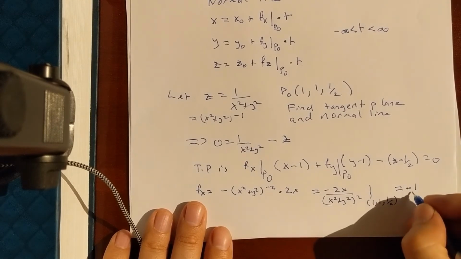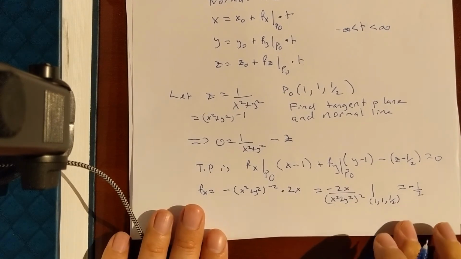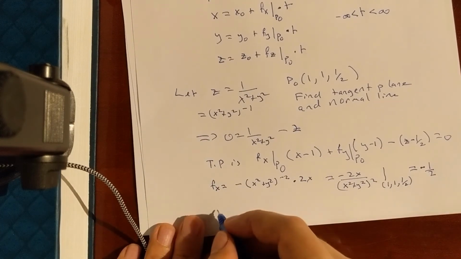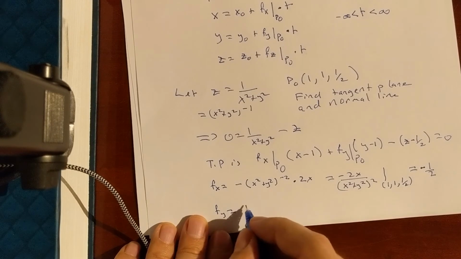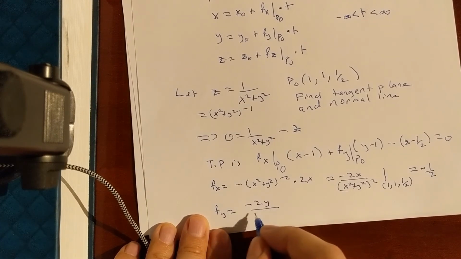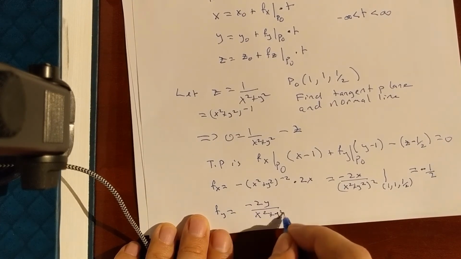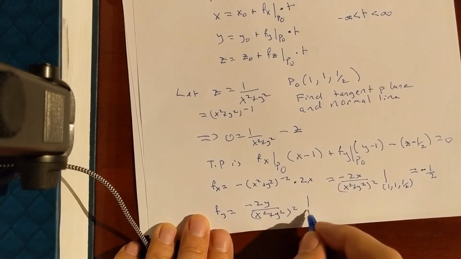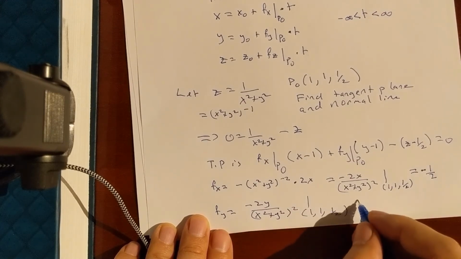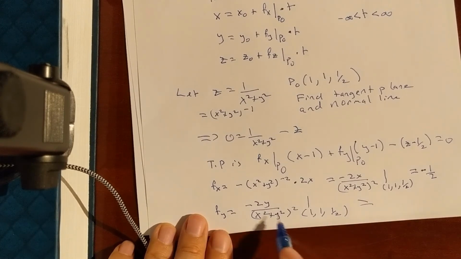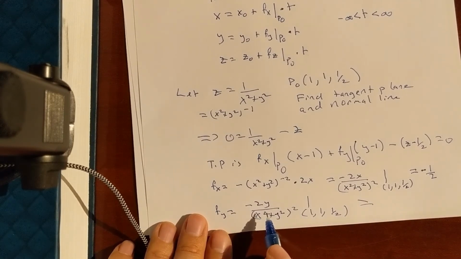So it's minus 1/2. My bad. Let's do the same thing with f sub y. We can do it in our head now. It's symmetric: minus 2y over (x squared plus y squared) squared, evaluated again at (1, 1, 1/2). We don't care about the 1/2 part here. It's again going to be minus 1/2.